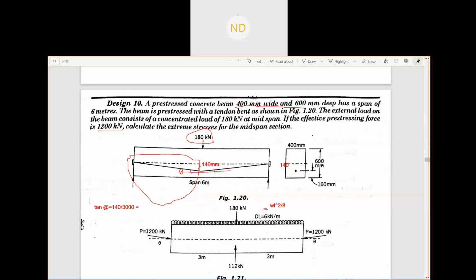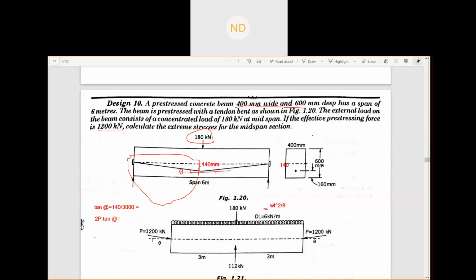Once you know your tan theta, you can calculate this upward thrust, which was your 2p tan theta. Suppose this is theta.